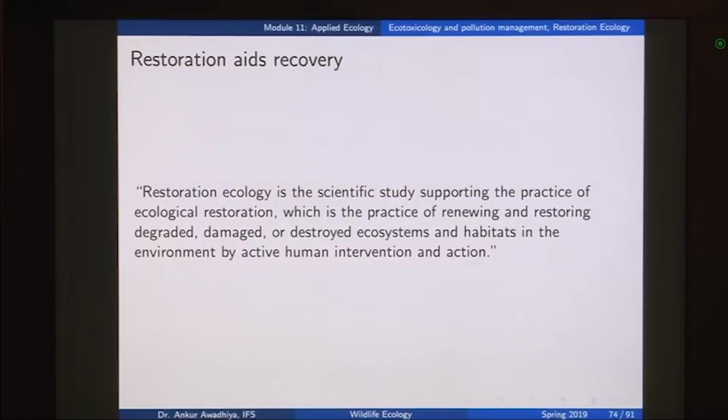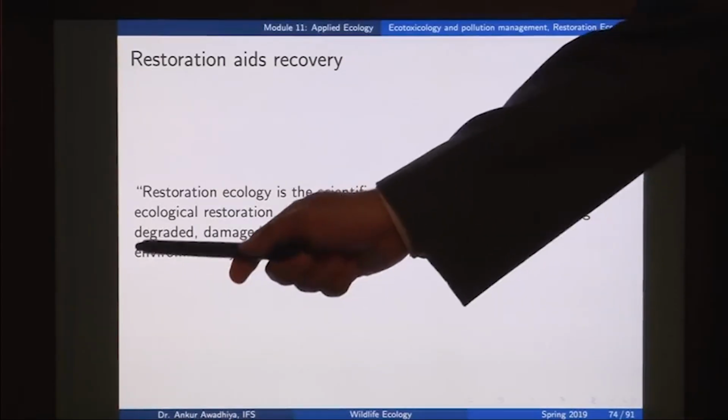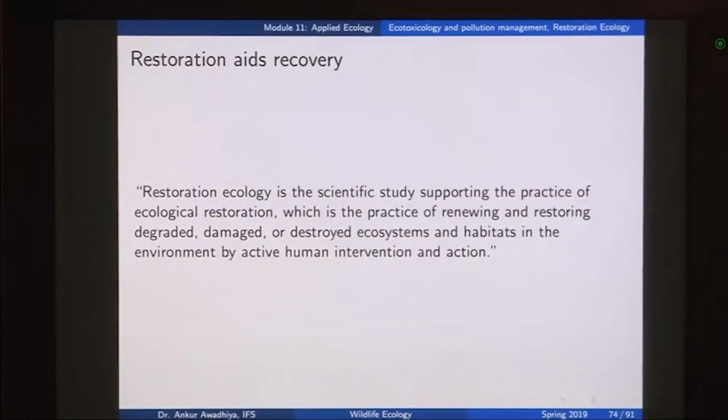Restoration ecology is the scientific study supporting the practice of ecological restoration, which is the practice of renewing and restoring degraded, damaged or destroyed ecosystems and habitats in the environment by active human intervention and action. So, you already have these ecosystems that are degraded, damaged or destroyed, and you are doing something to this ecosystem so that it is able to come back to the normal state. We will look at a number of such examples in a short while. What are these kinds of interventions?